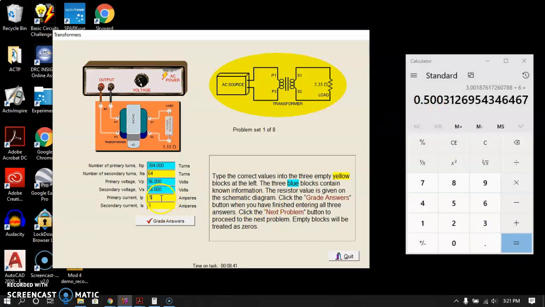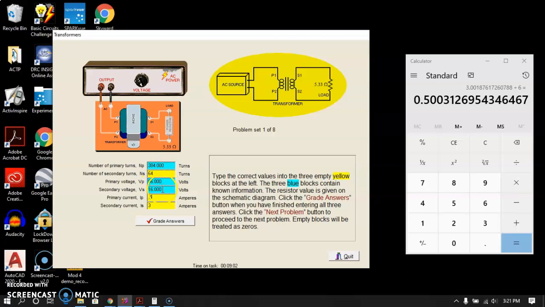Before I submit this for grade, let's look through things and make sure it makes sense to us. My turns: we see a decrease in the number of turns, and that should correlate with voltage. Primary voltage to secondary voltage is also a decrease. We've calculated this out to be a factor of 6.